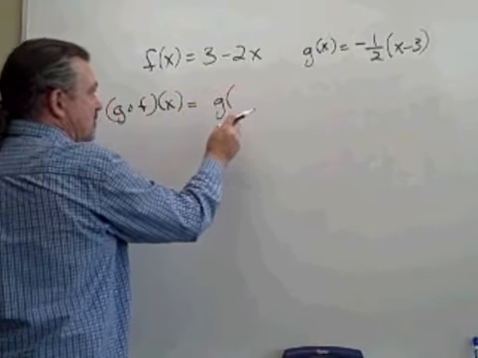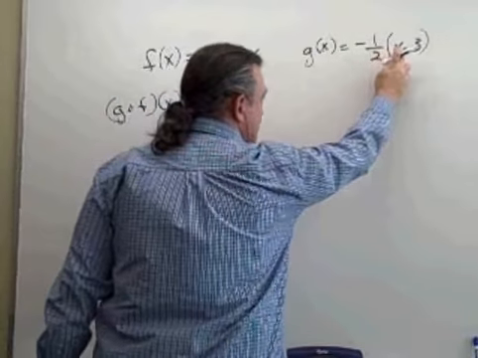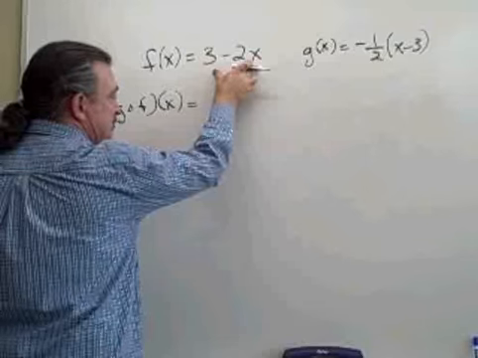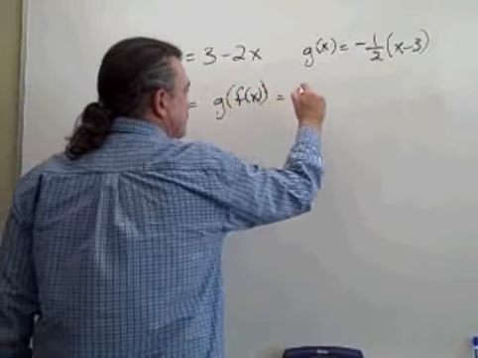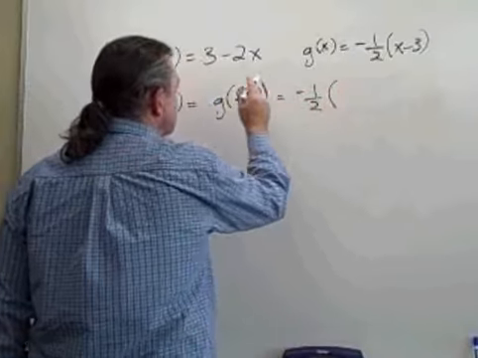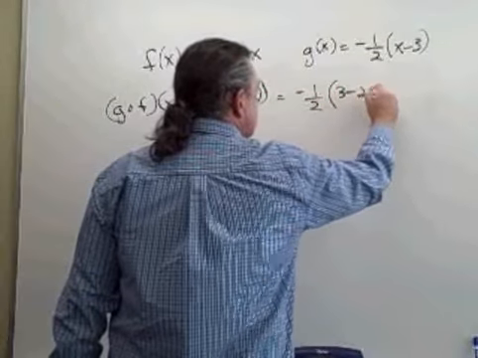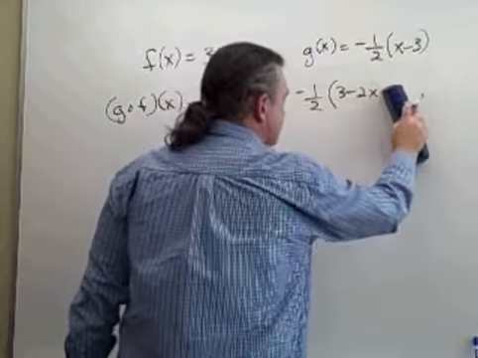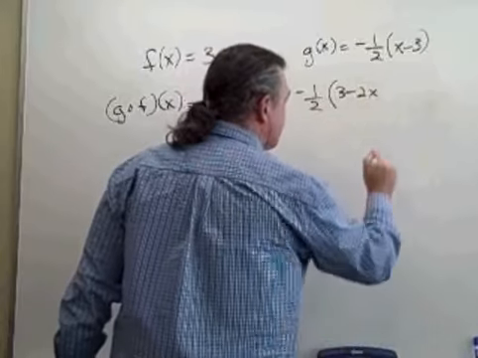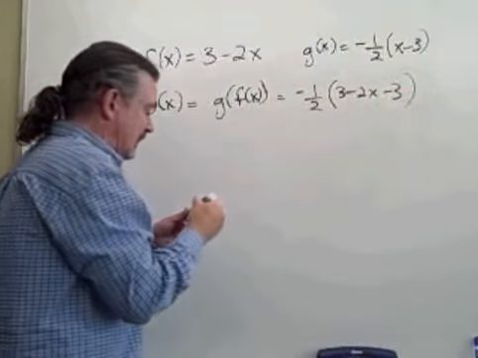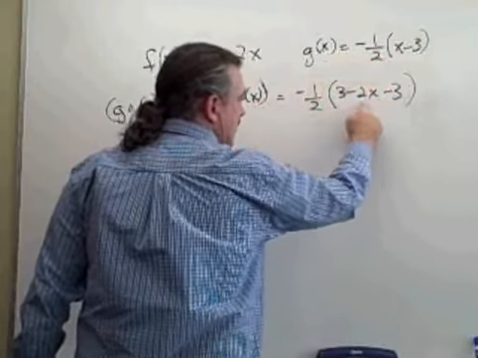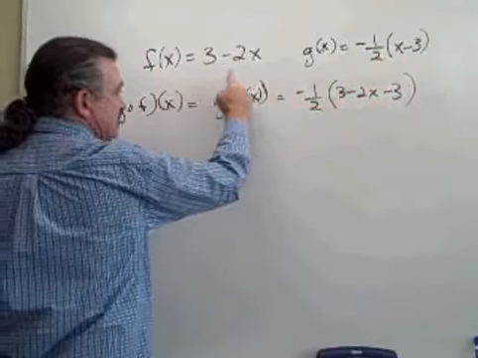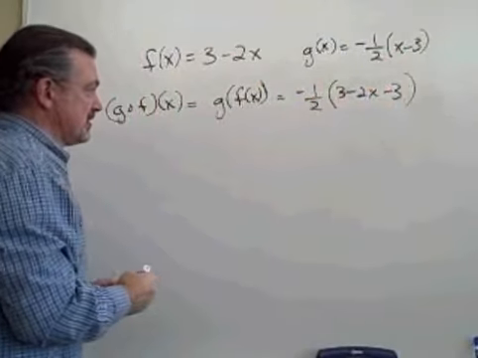Wherever there is an x in function g, I'm going to replace it with the entire expression for function f of x. So where the x was in function g, I replaced it with the entire expression for function f, 3 minus 2x in this case.